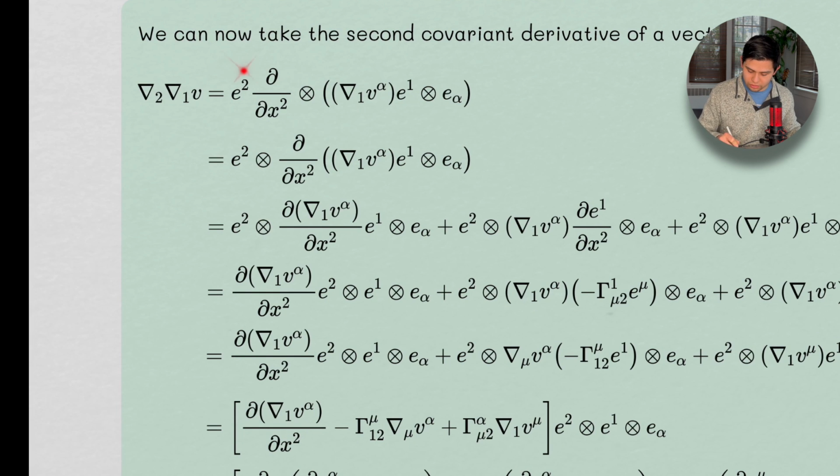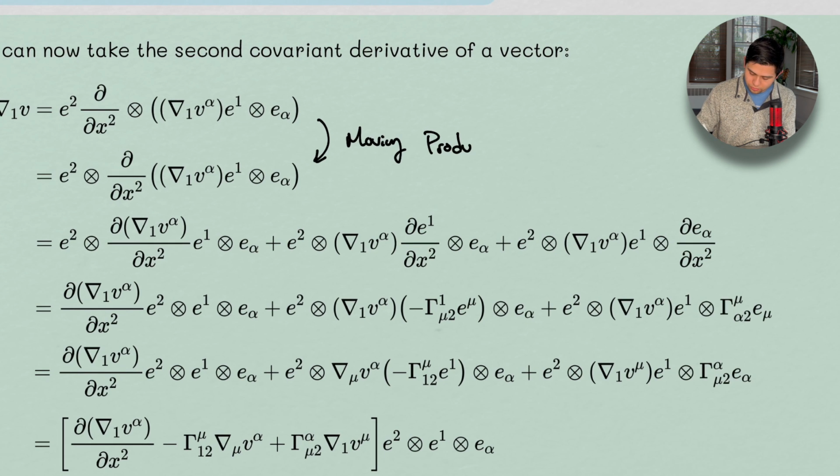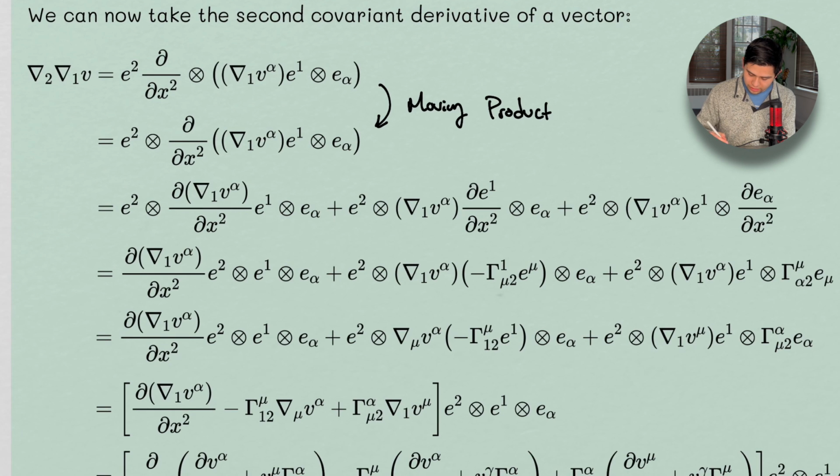And we have this, right? So this is taking that second derivative of our vector, or of our 1-1 tensor. So again, we move the product, and then to get from here is the product rule.